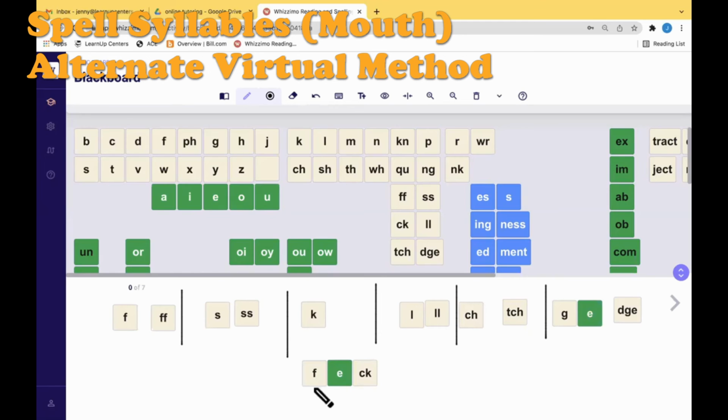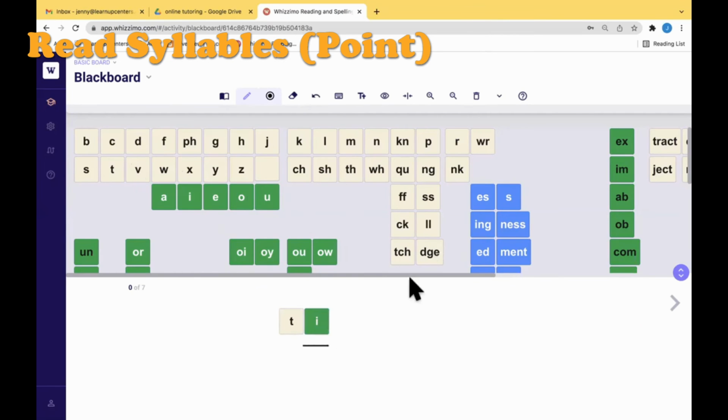Fetch. Good job. Tidge. Good job. Tiff. Test. Tedge. Sage.